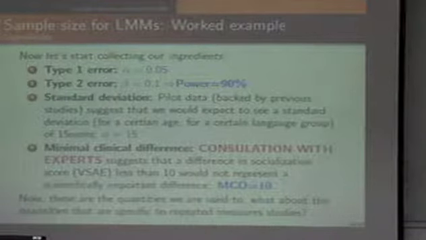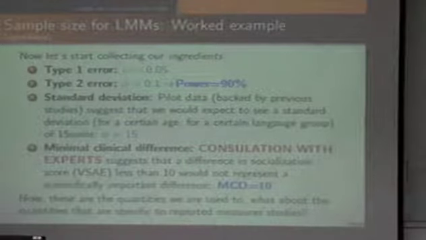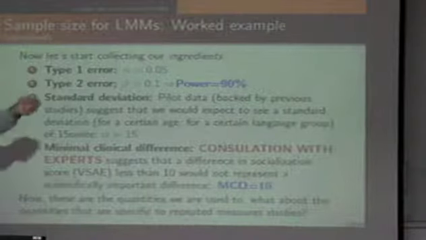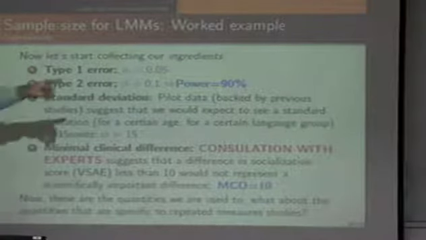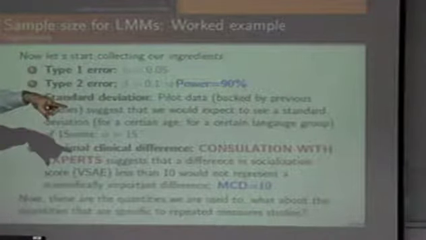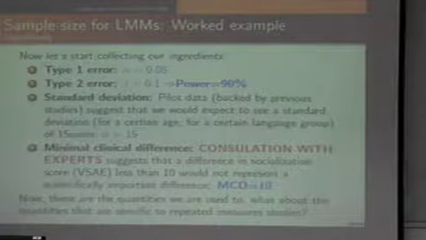What do you think clinicians will often do rather than choose the minimal clinical difference? Choose the maximum. No, not choose the maximum. No, not choose the mean at all. They just go to another study and say, oh, Smith, 2010, saw a difference of 5.3. They observed a difference of 5.3.